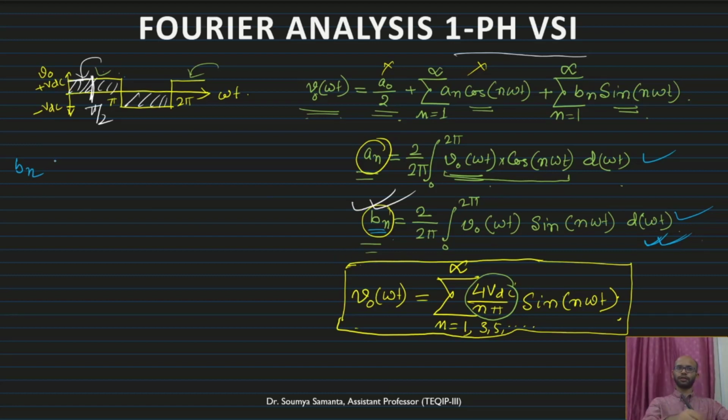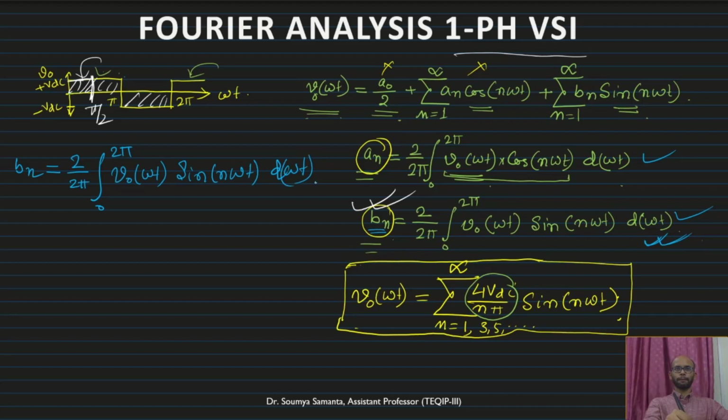I have told you that because of this half wave symmetry we are getting even terms 0. What we can do is this alternative method: 2 by twice pi, 0 to 2 pi, V naught of omega t into sine of n omega t d omega t.